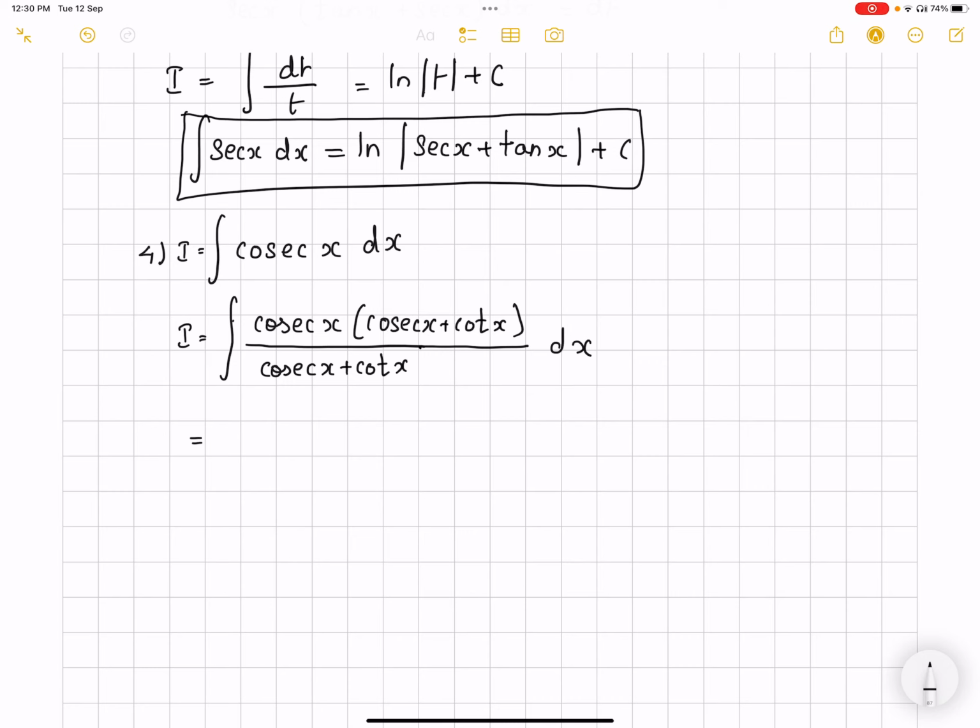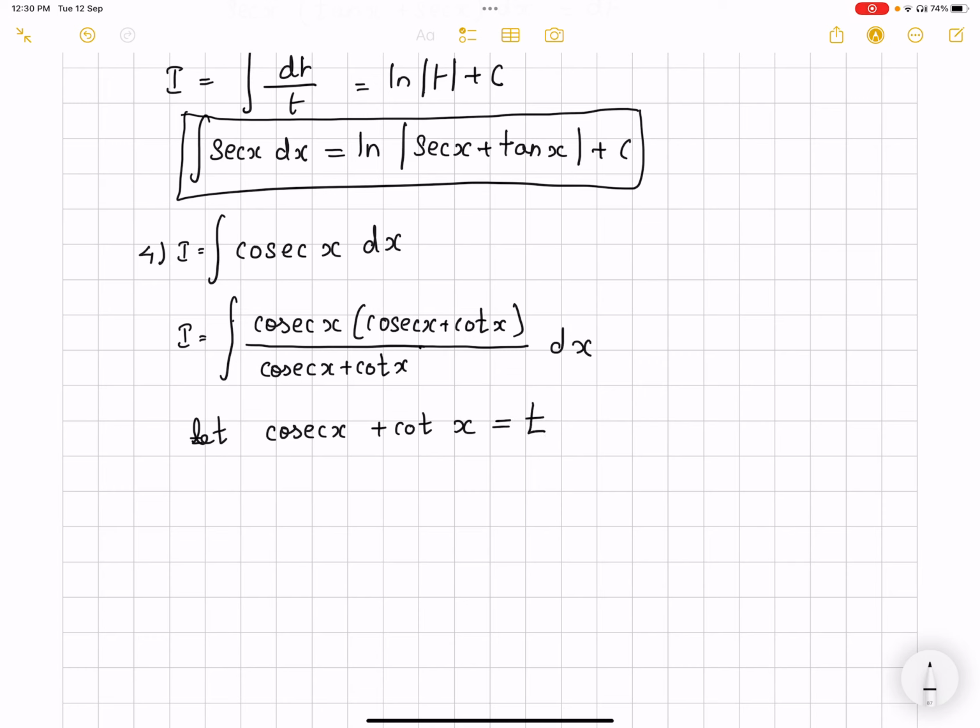Now here, let me just go ahead with my substitution. I would be considering my denominator, that is cosecant x plus cot x, is equal to t.